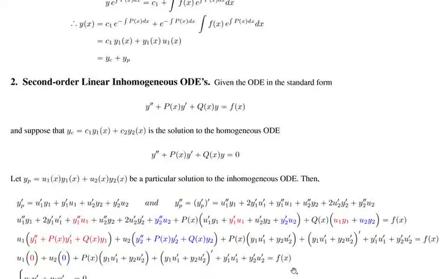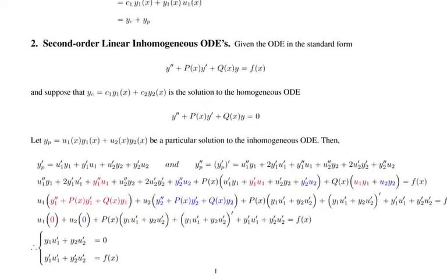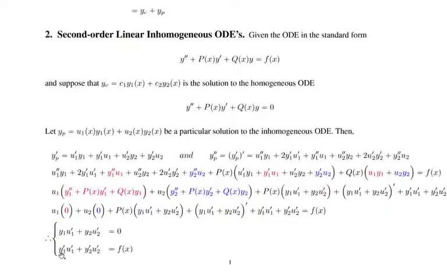So based on this formula in here, let's think about it this way. If I assume that this term, which is repeated in here, y1 u1 prime plus y2 u2 prime, is equal to 0, then this formula will be reduced into a simple linear equation in u1 prime and u2 prime.